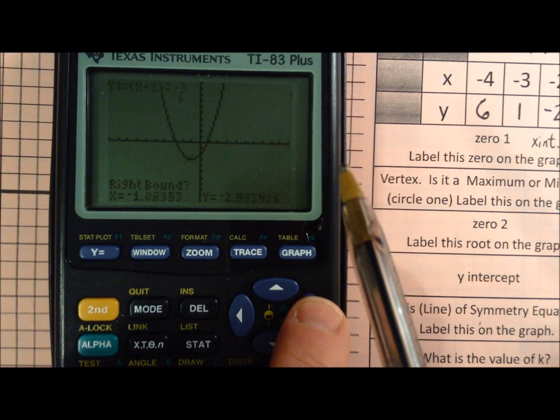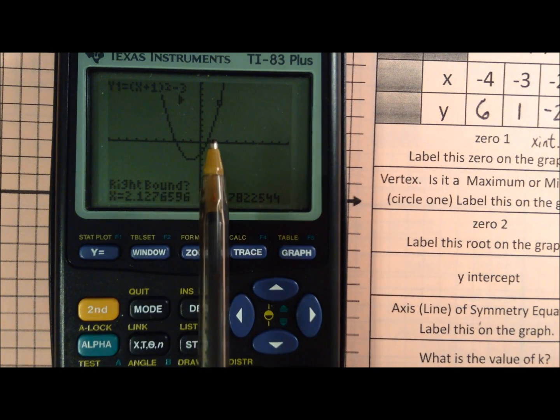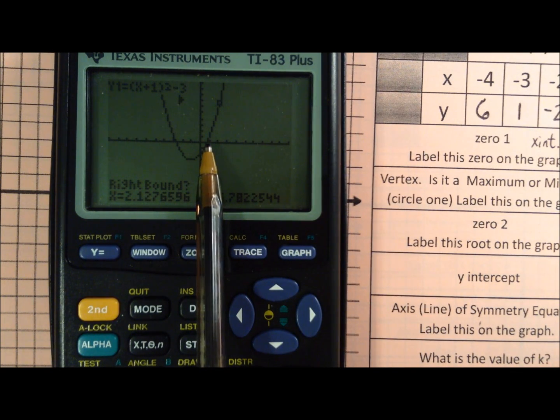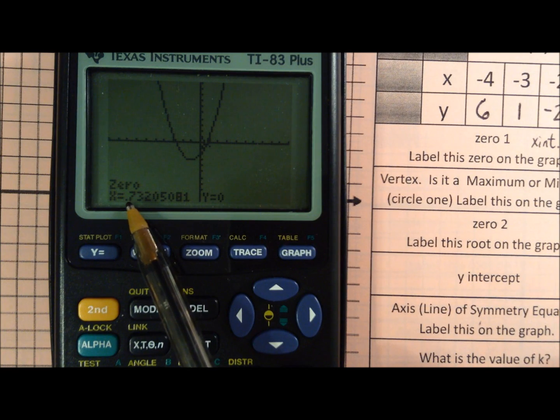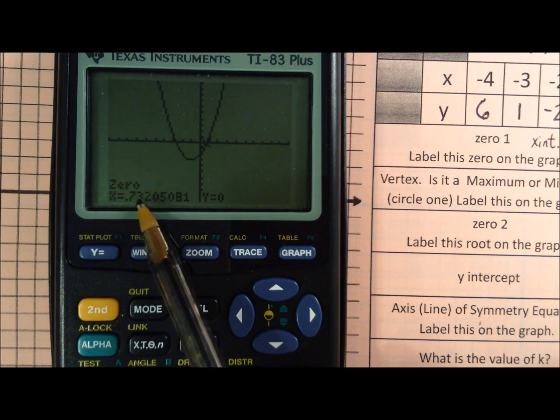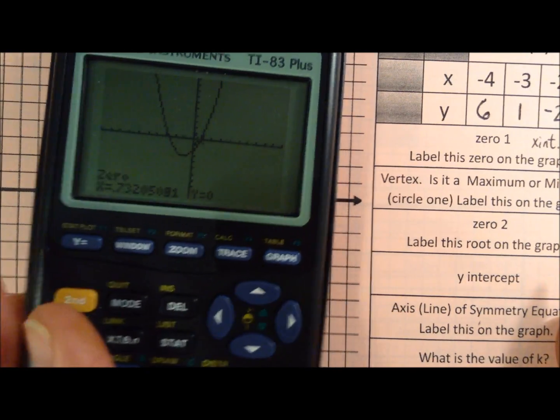So I need to toggle so that I am clearly to the right of my target. Did I do a good enough job? Is my cursor to the right of my pen point? Yes. Press enter. I don't want to guess. Press enter a third time. And approximately 0.73 is your other x-intercept, or zero.